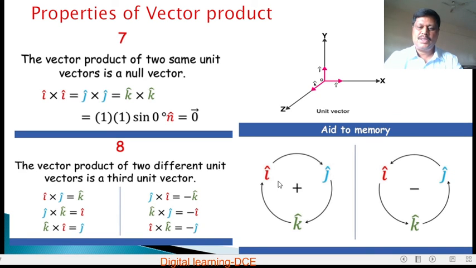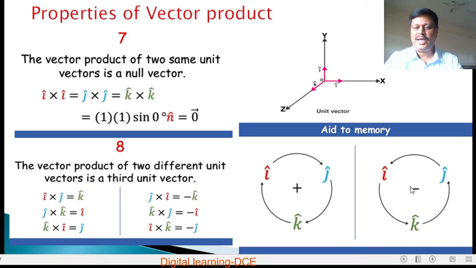The positive and negative values can be easily understood or memorized using this aid memory. In the clockwise direction, i cross j is equal to k, positive; j cross k is equal to i, and k cross i is equal to j.